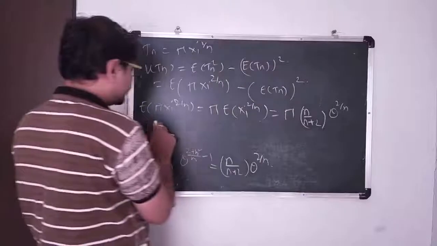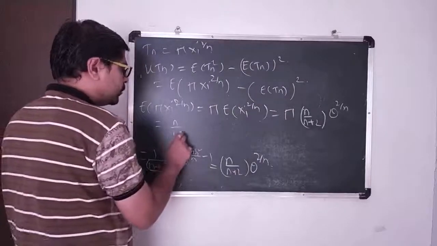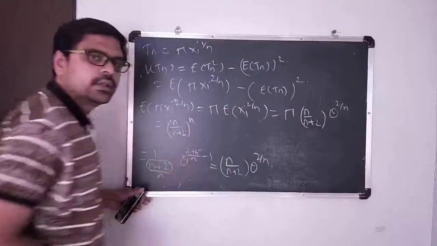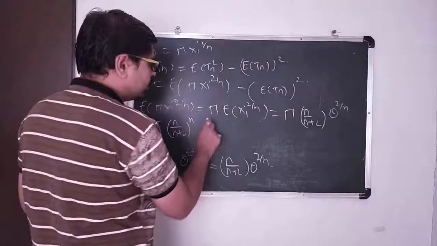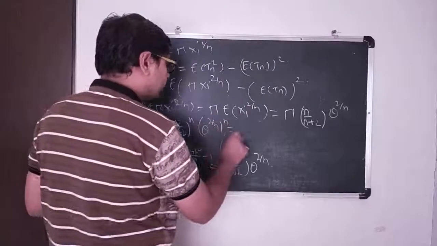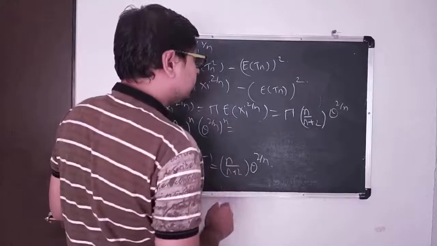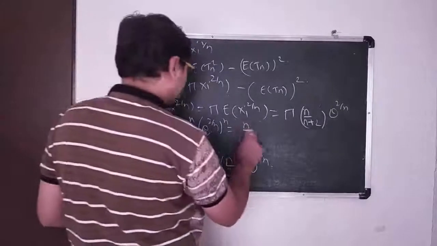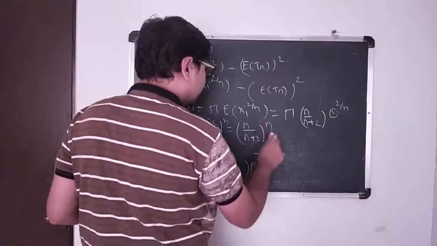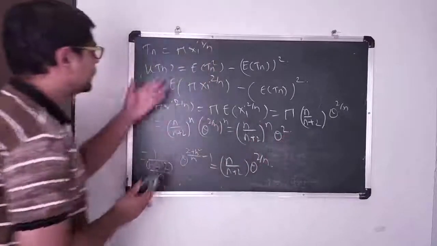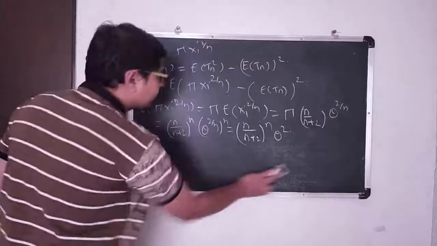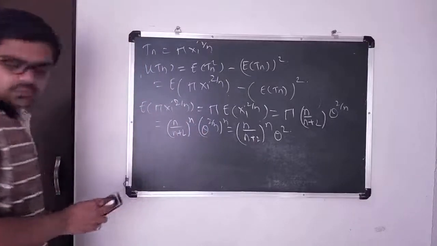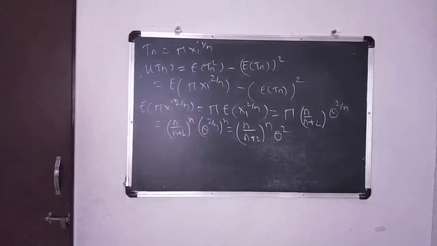So this can be written as n upon n plus 2 raised to n into theta raised to 2 by n raised to n, and this can be written as n upon n plus 2 raised to n into theta square, that is the expected value of Tn square. So we have both the expected value of Tn and the expected value of Tn square.